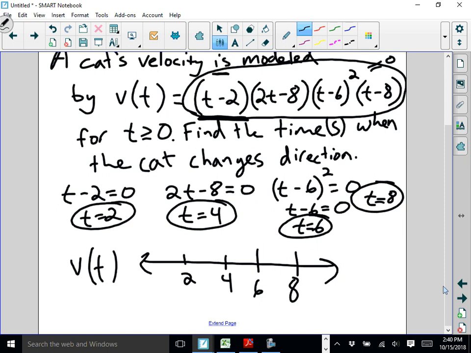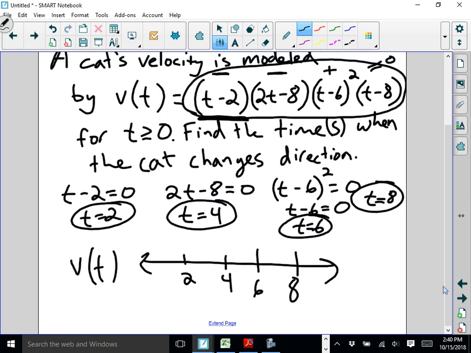So I get a negative for the first one. 2 times 0 minus 8 is a negative for the second one. 0 minus 6 is negative, but notice it's being squared, so negative 6 squared makes a positive number. In fact, for any number I plug into that t minus 6, I'm always going to get a positive number. And then 0 minus 8, I'm going to get a negative.